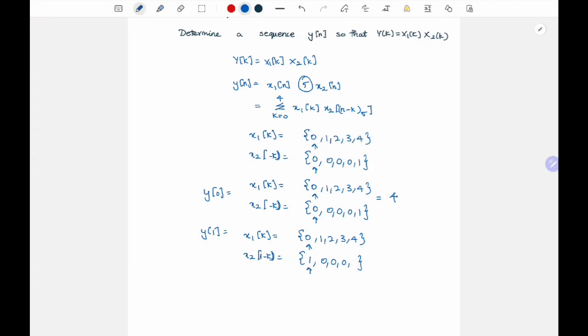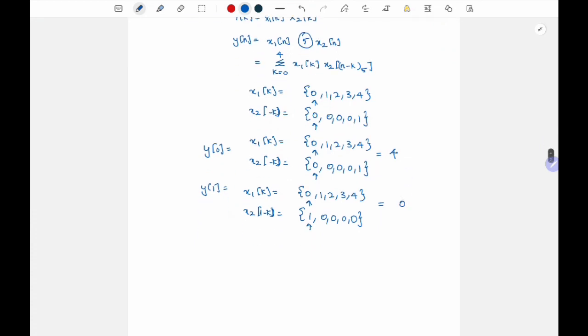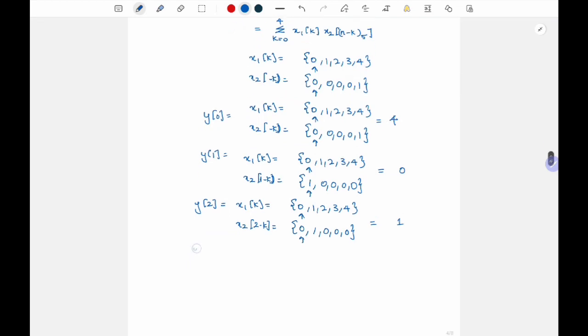So 1 will come here, all these 0 will be pushed. So this is nothing but 0. Similarly, my y of 2 will be 2 minus k. Again, I have to right shift by 2. So my 1 will come here and everything will be 0. So this is equal to 1.